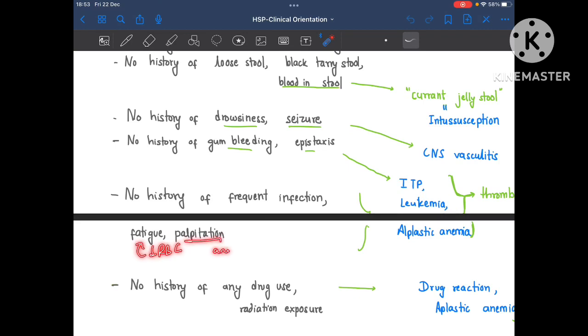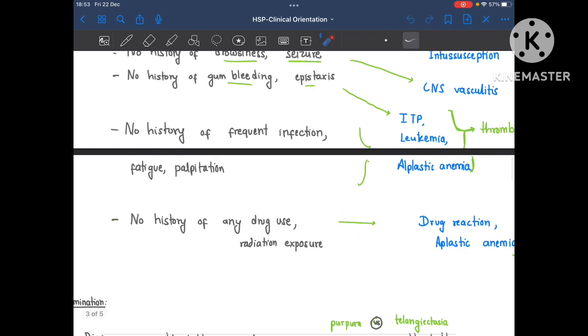This is also a feature of anemia, right? Anemia in severe cases can even present with congestive heart failure, because there is a high pulse volume as there is decreased blood volume in anemia. So palpitation and fatigue are present.